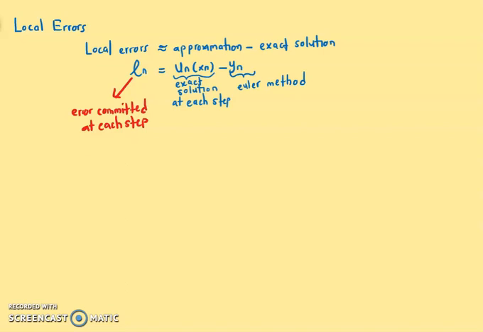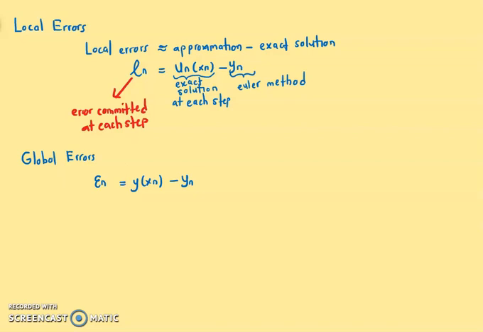Now for the global error, the errors we know as exact minus approximation. It's denoted by e n, which is my exact solution minus my approximate solution.